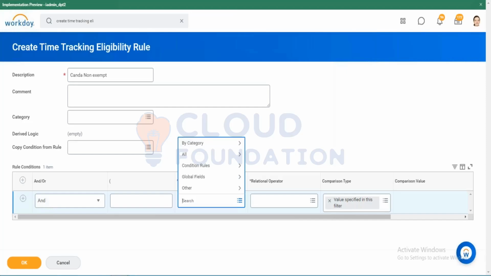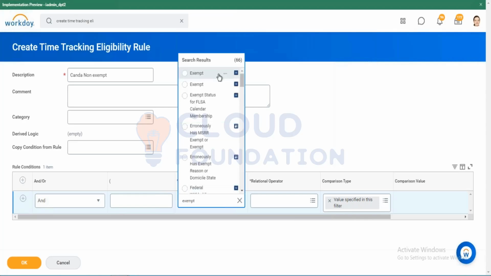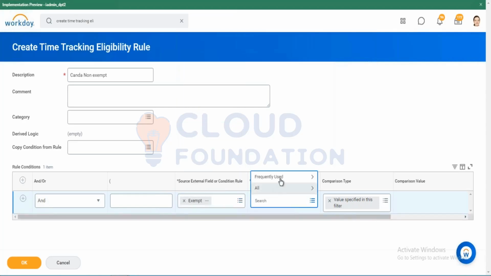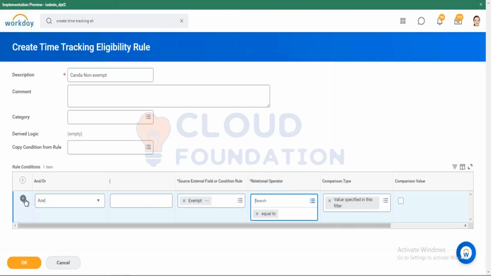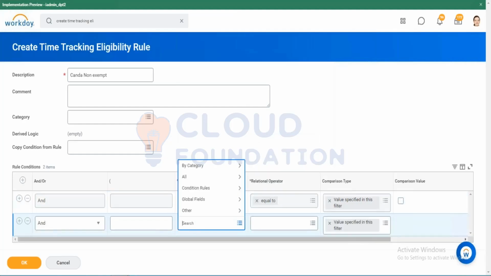All right. So you will add exempt and worker location, location address country. I'm sorry.